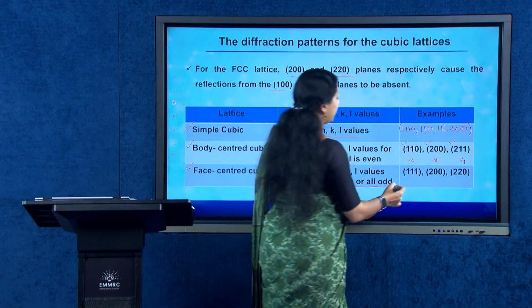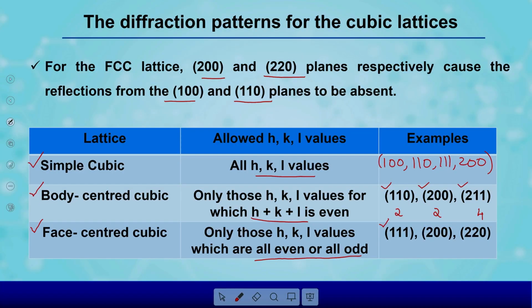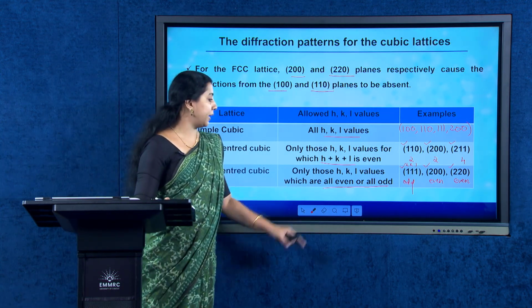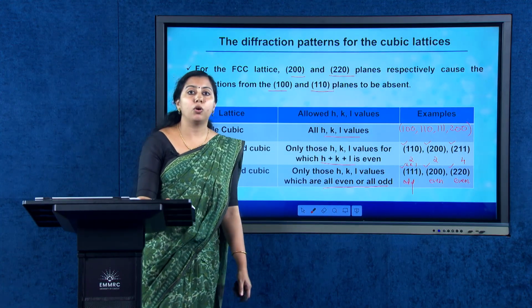For example, you can see reflections from the 111 plane, 200, 220, etc. If it is a 111 plane, the values of H, K and L all are odd. And if you consider 200, all H, K and L are even. 220, again all the H, K and L are even. So, this is the condition for an FCC lattice.